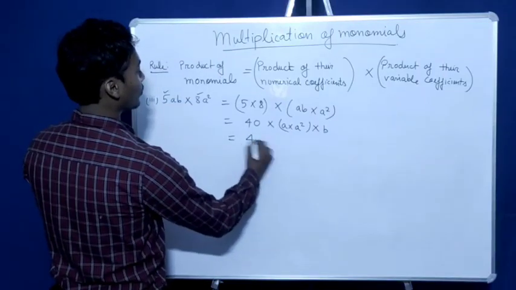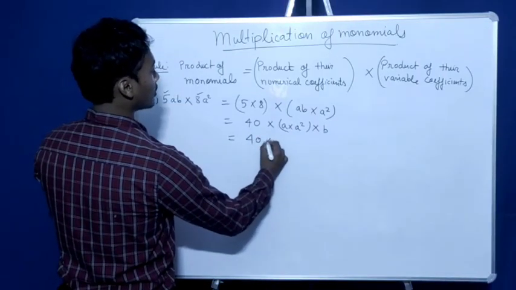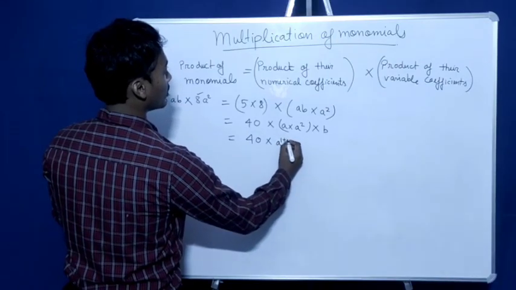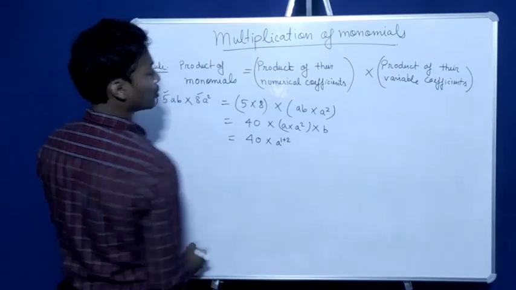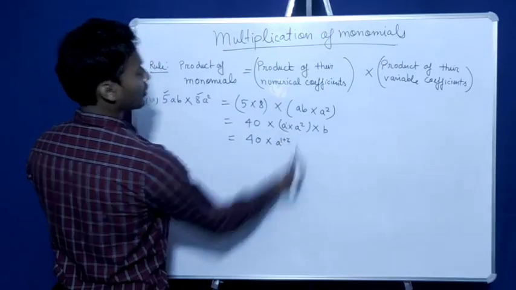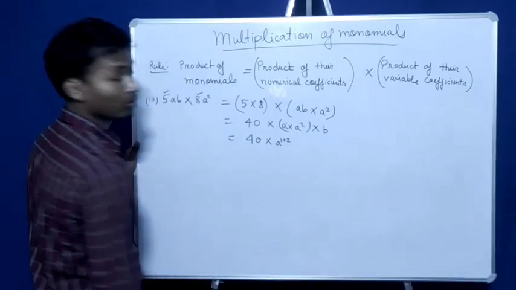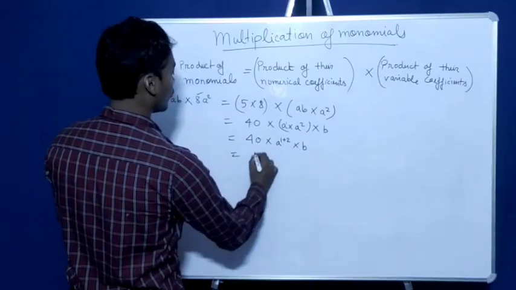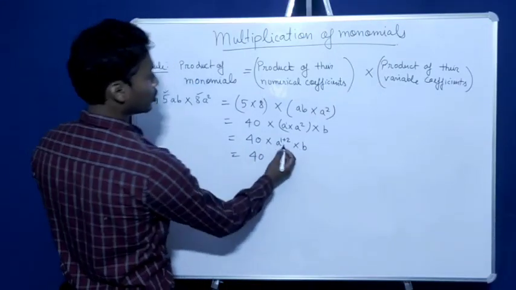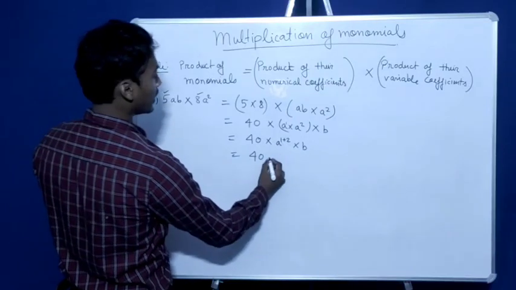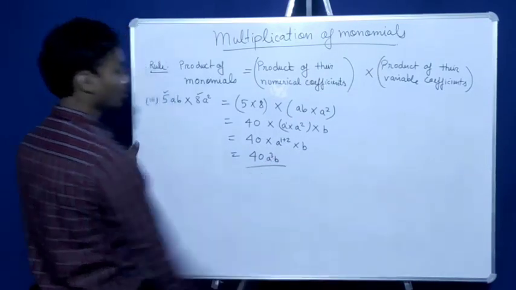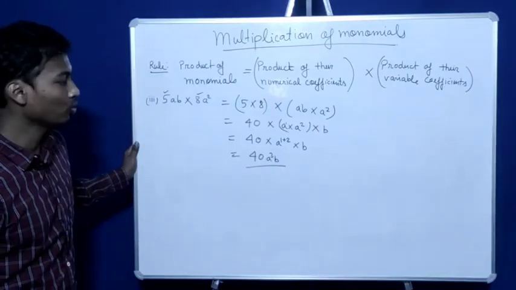So 40 times a raised to the power 1 plus 2, because here we have a raised to the power 1, times b. So 40 into a raised to the power 1 plus 2, that is a raised to the power 3. Then we have b. So the answer is 40 a cube b.